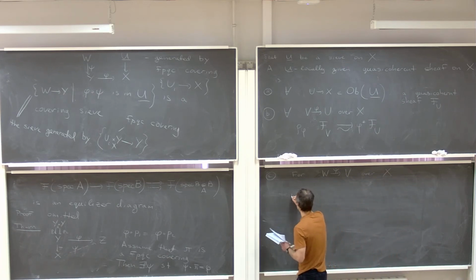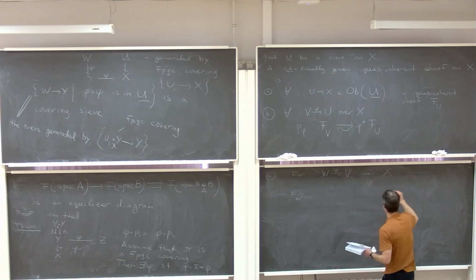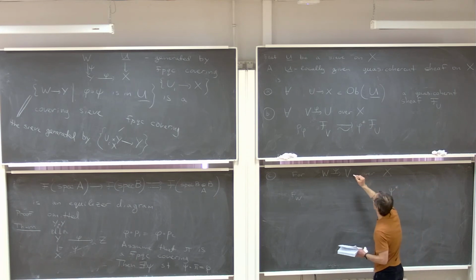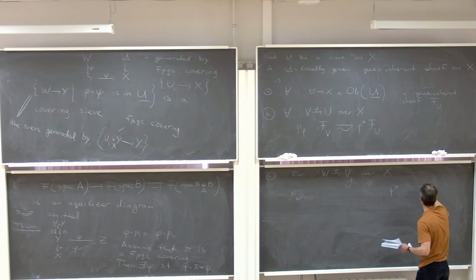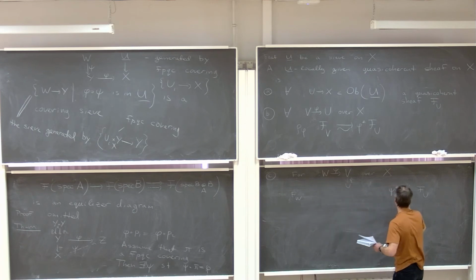So I can take F_W, and I can produce two maps to psi upper star phi upper star. I can compose this map to U. This is my phi. And so I can take my sheaf F_U, and I can pull it back to this guy.